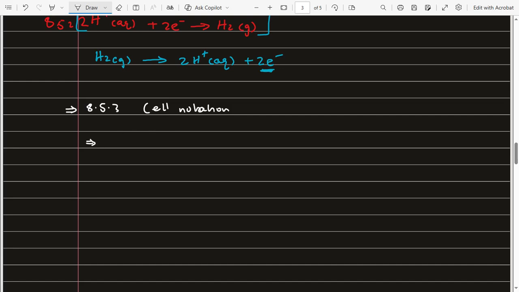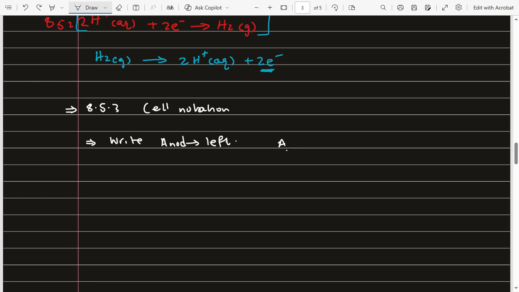Okay, so first thing first, I want you to write the anode on the left. That's what you need to understand. Let's identify the anode reaction.